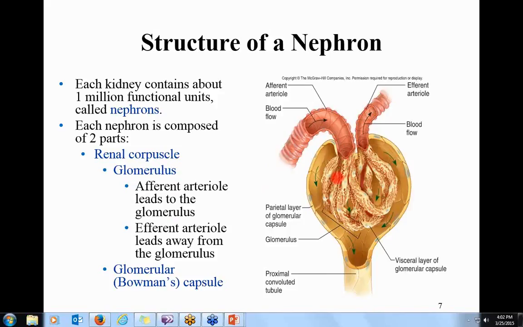And then you have something called the Bowman's or glomerular capsule, which is here. So the glomerulus, again, part of the cardiovascular system, because it's arterial. And then here you are getting to the first functional part of the renal system or urinary system.